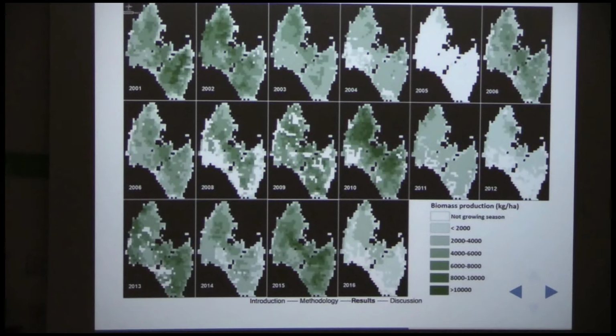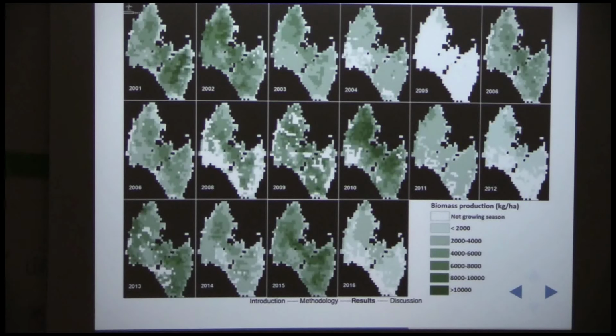Finally, because the model was valid, we could estimate the biomass production of all the study area and for all the years of our study, from 2001 till 2016. The first thing to notice in these maps is the high variability in production.